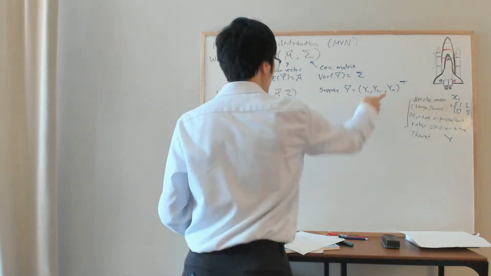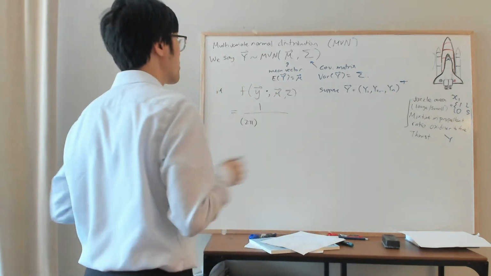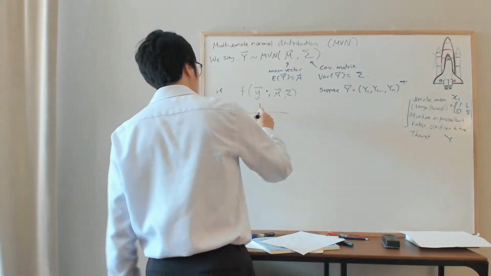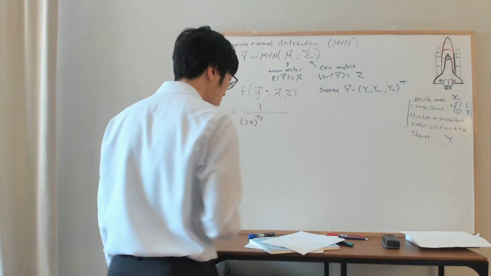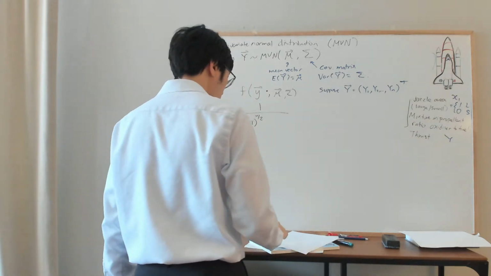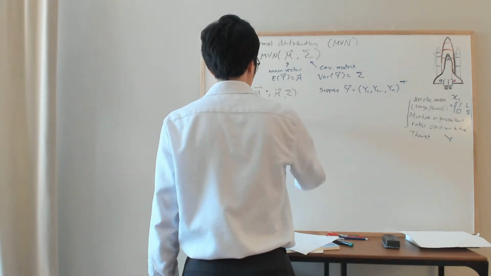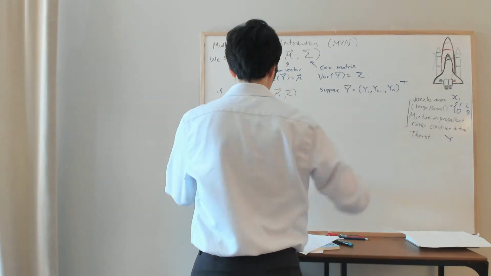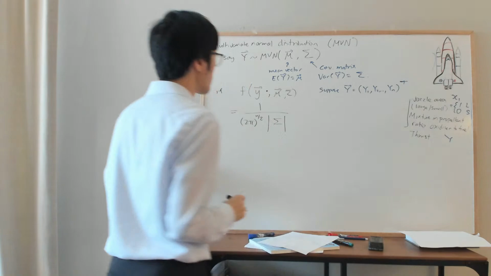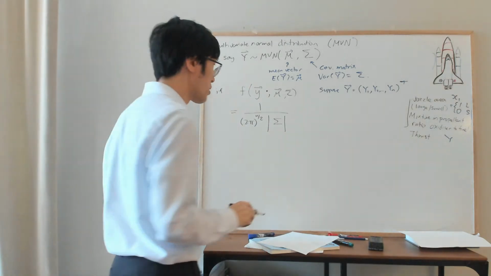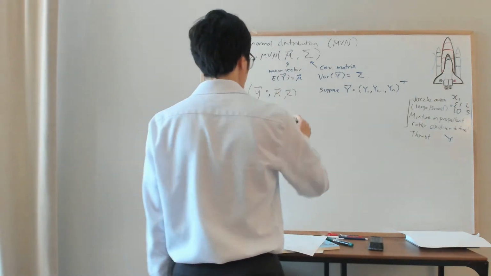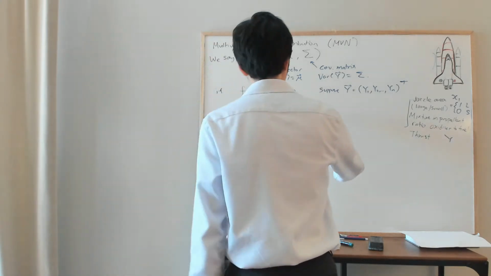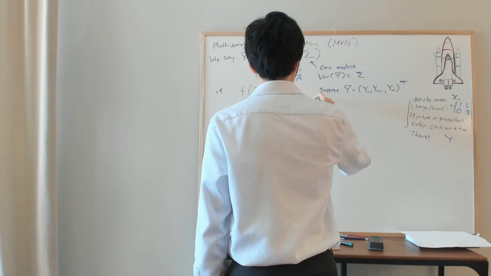Specifically, I'm talking about an n-dimensional multivariate normal. Then this 2 pi on the bottom is going to have power n over 2. And I'm going to have the determinant. These 2 bars denote the determinant to the half, and then the exponential term.